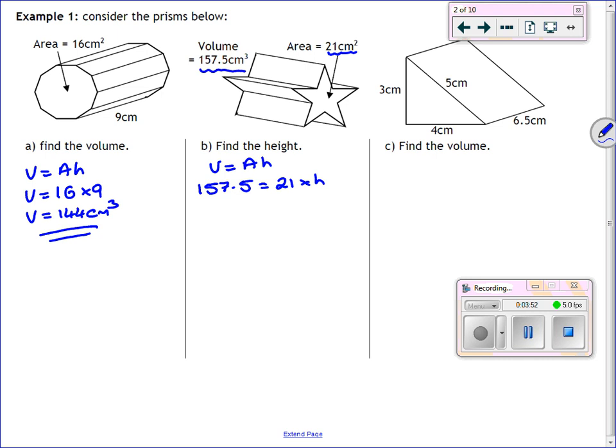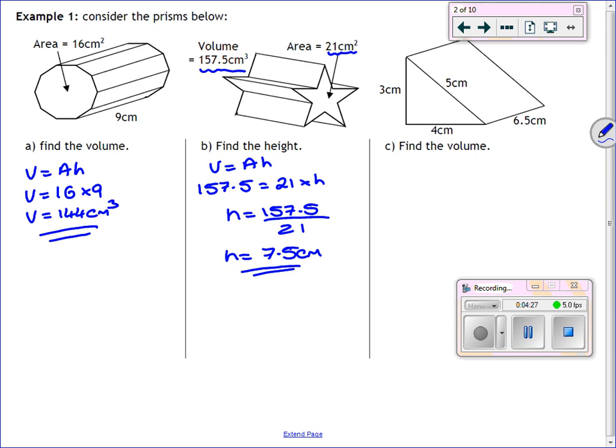To get h on its own, we divide both sides by 21. So h is going to be 157.5 divided by 21. And I should really have said you should really have your calculator for this topic. 157.5 divided by 21 gives me 7.5. So the height of the star prism is going to be 7.5 centimeters.